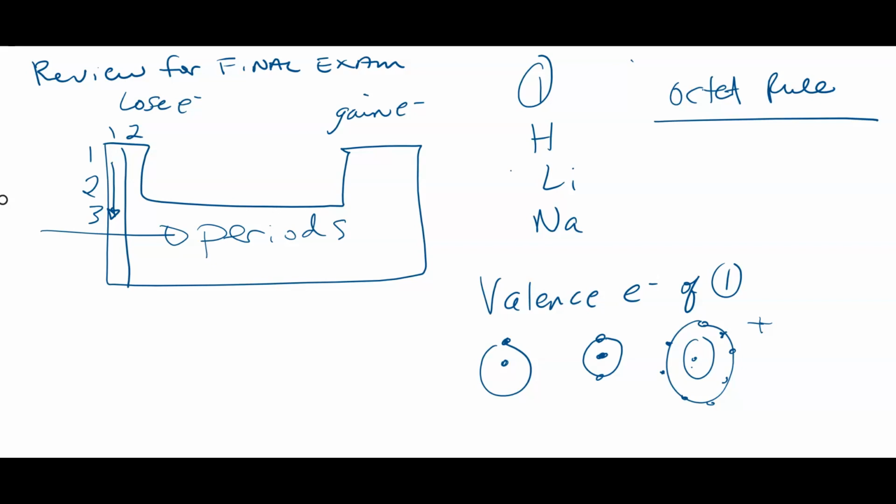They want to get to that full outer shell so they feel complete and stable. So that's the whole story of chemistry in one rule. Everybody wants to feel like their shell is full, and that's called the octet rule. Okay, I'm going to pause for the next topic.